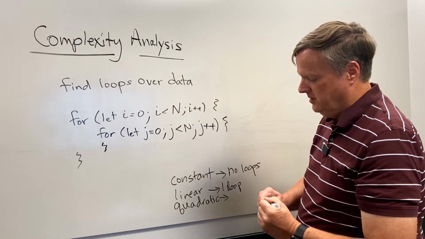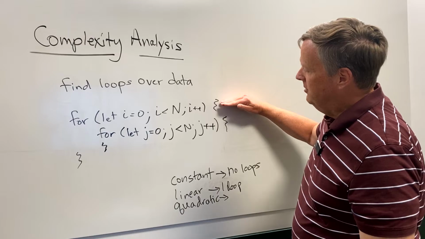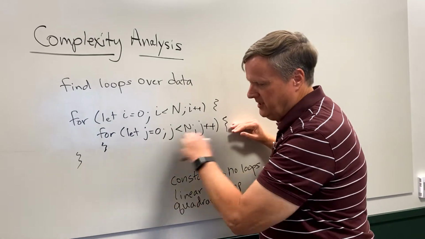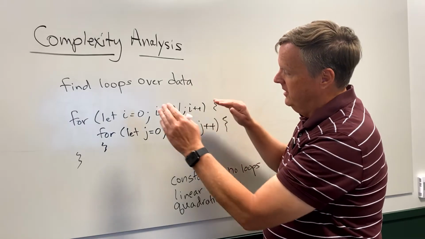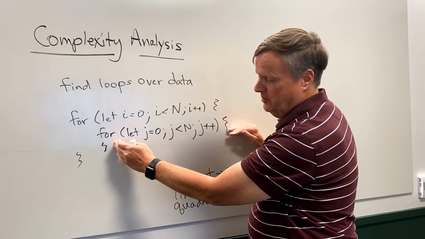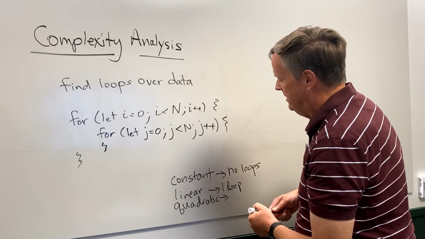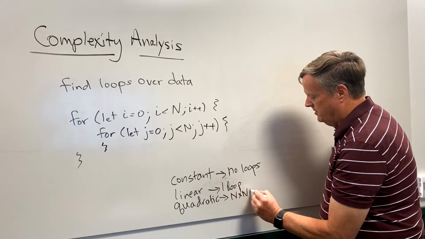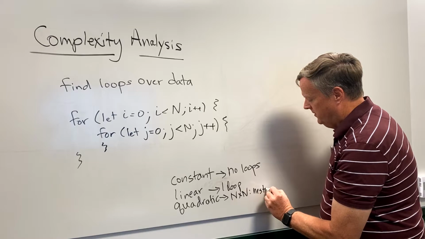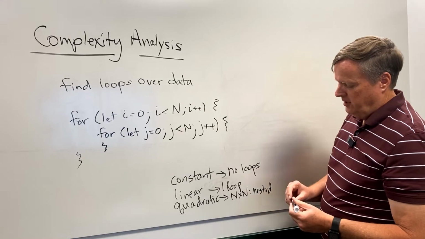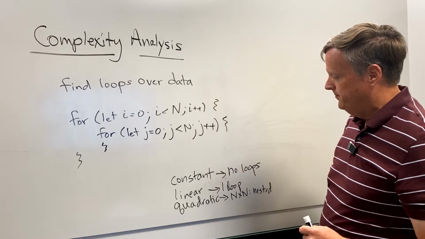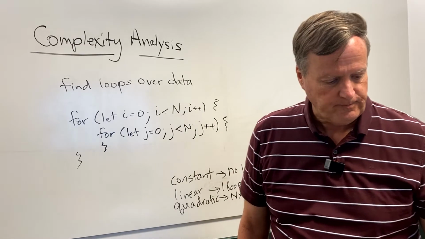For every element in the data set, I have to loop over everything else. I'm doing it n times, and then for every one of those I'm doing it n more times. So I'm doing n times n, and that's quadratic. These are nested loops. If you see nested loops, then you've got quadratic, or worse, depending on how many times you loop.